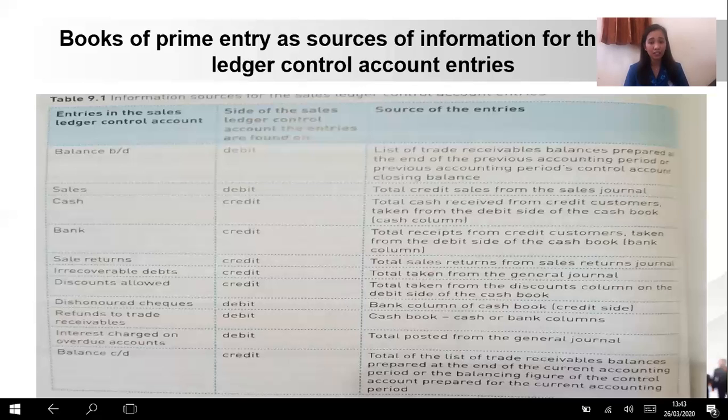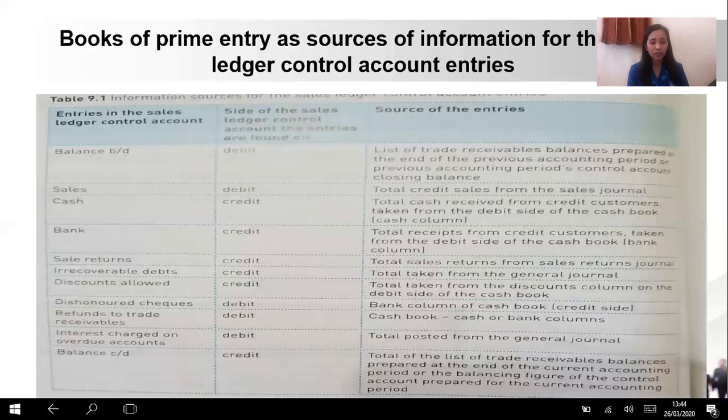Discount allowed you put on the credit side, the total taken from the discount column on the debit side of the cash book. Dishonoured cheque is on the debit side, taken from the cash book, credit side. Refund to the trade receivable is on the debit side, with the source of entry from the cash book, cash or bank column. Interest charged on the overdue account is on the debit side, the total cost from the journal.